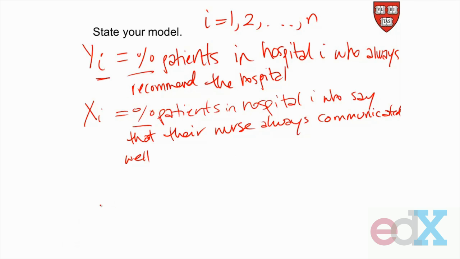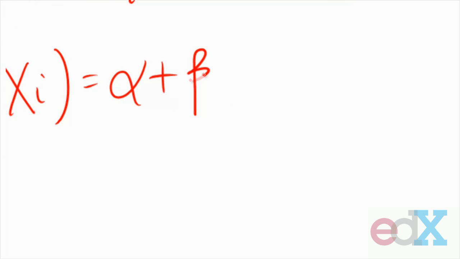Now, rather than writing this model in terms of those residual errors like I did, we could write down an equivalent linear regression model by modeling the mean of yi given our covariate. So essentially what we do is we look at the expected value of yi given the covariate value, and we say that that's equal to alpha plus beta times xi.